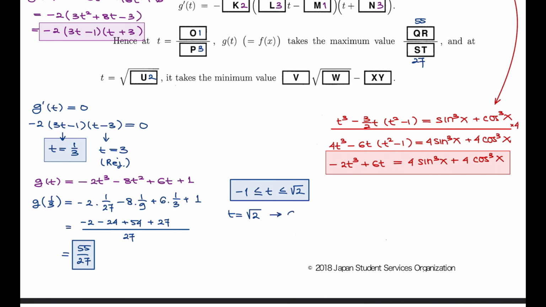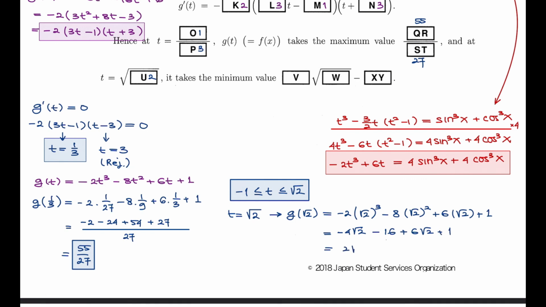So when t equals to square root of 2, g of square root of 2 is, substitute it into this equation, negative 2 times square root of 2 cubed, negative 8 square root of 2 squared, plus 6 square root of 2, plus 1. If we calculate these, we will obtain negative 4 root 2, negative 16 plus 6 root 2 plus 1.